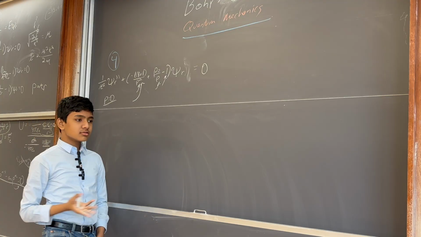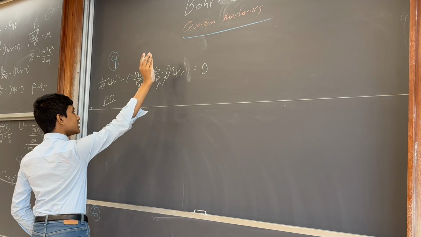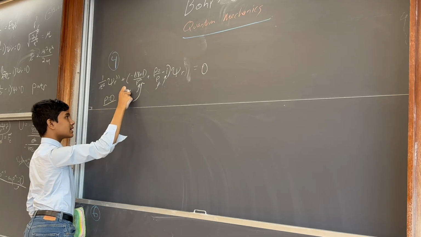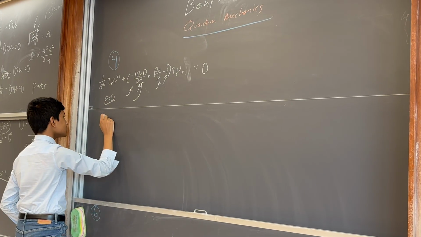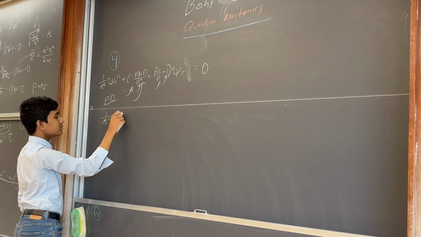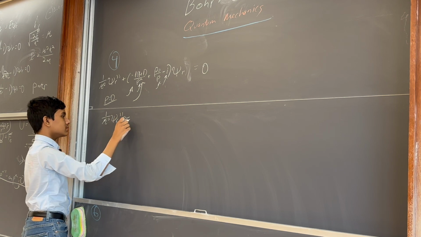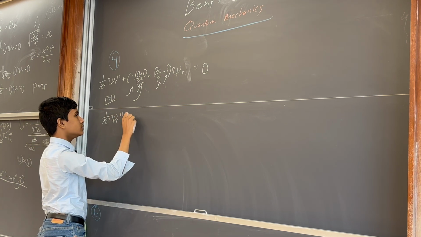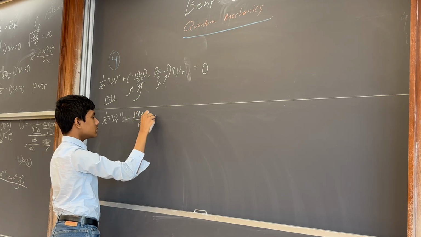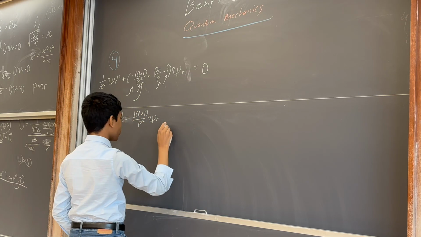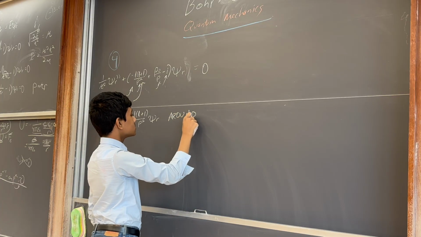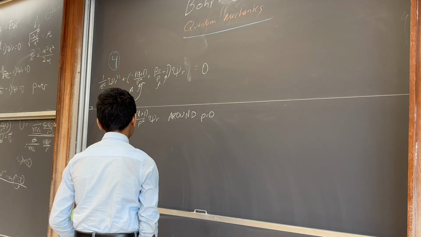So around rho equal to 0, this is going to disappear, this is going to disappear, and as an estimation, this is going to be the only term that stays. So we're going to have that 1 over kappa squared psi r double prime is going to be equal to L times L plus 1 over rho squared psi r around rho equal to 0.